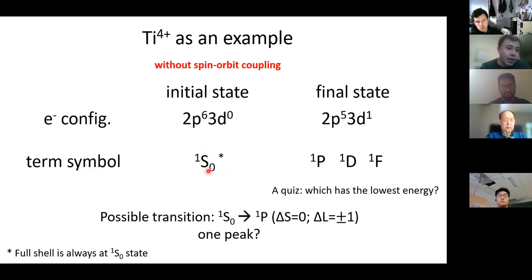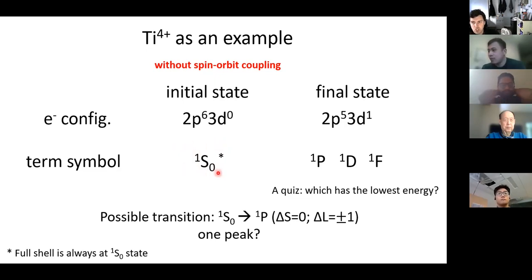Also, your total orbital angular momentum is also 0, since we have the full shell of electrons, and the combination also leads to 0. No matter how you combine 0 with 0, you always get 0 as a result, right?